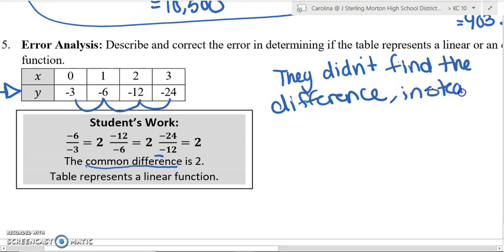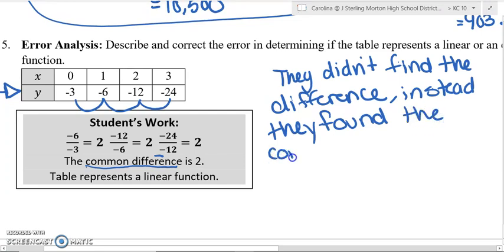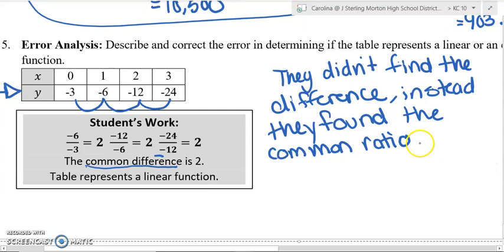Instead, they found, because we're doing the division, they found the common ratio. So another way for division, the way this implies is the common ratio.